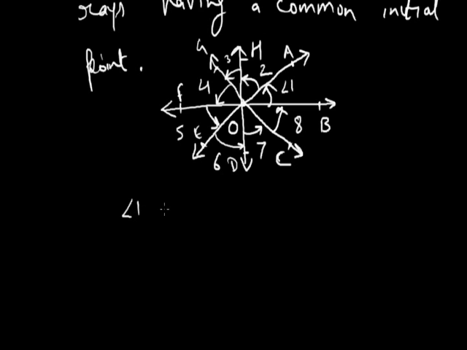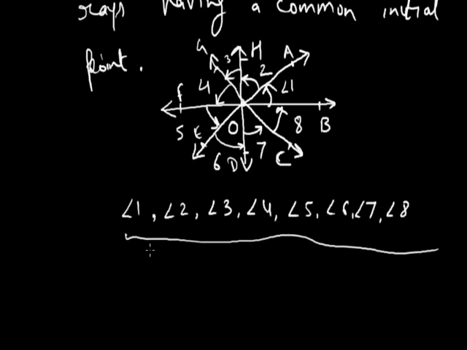So angle 1, angle 2, angle 3, 4, angle 5, angle 6 till angle 8. These 8 angles are called angles at a point O. The common point is point O. So these are called angles at a point O.